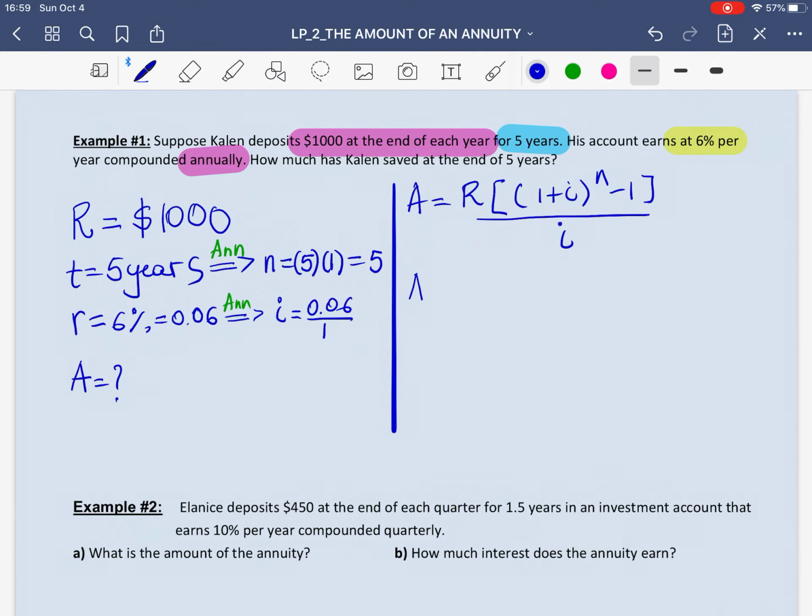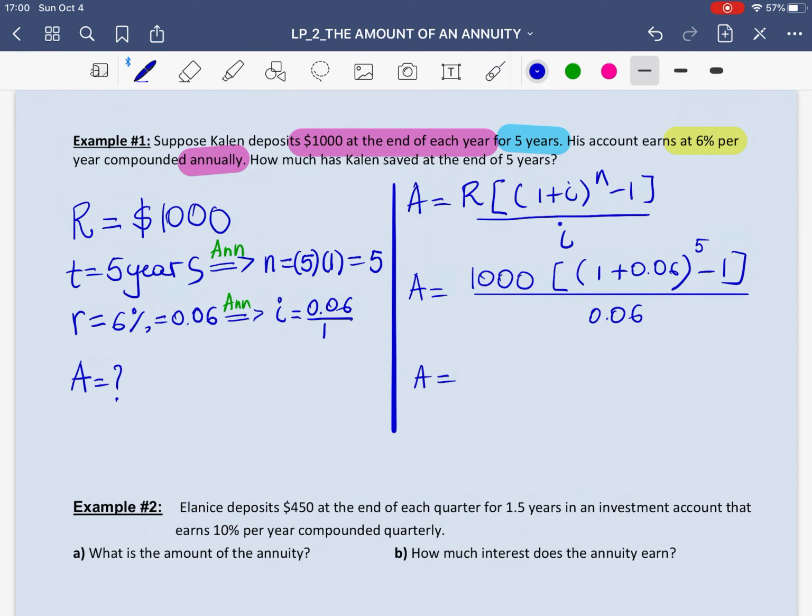So amount A equals $1,000 times (1 plus 0.06 to the power of 5, take away 1), and divide it by the interest, which is 0.06.